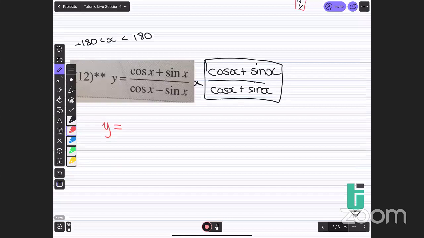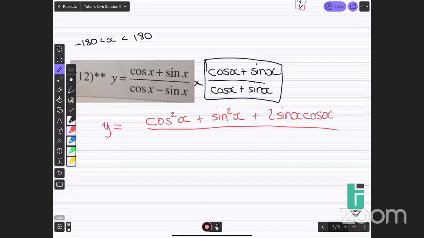So then it's going to be cos squared plus sine squared plus 2 sine x cos x over cos squared minus sine squared.